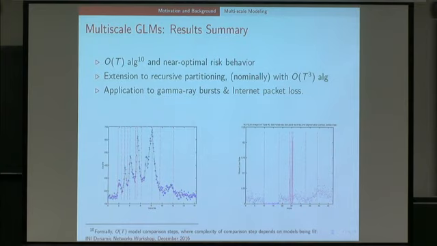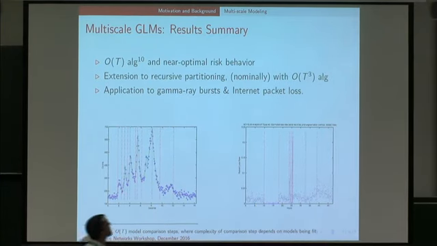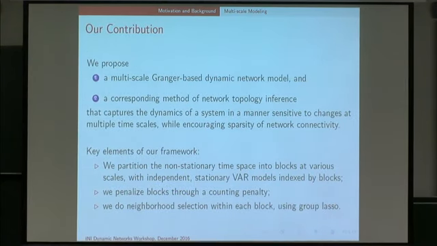So this is the spirit of what I'm going to do with the networks. I'm going to take what I showed you with the Granger causal models, and we're going to set up a similar type of thing where I'm now fitting networks within each of these time periods. So it's a multi-scale Granger-based dynamic network modeling framework with corresponding inference.